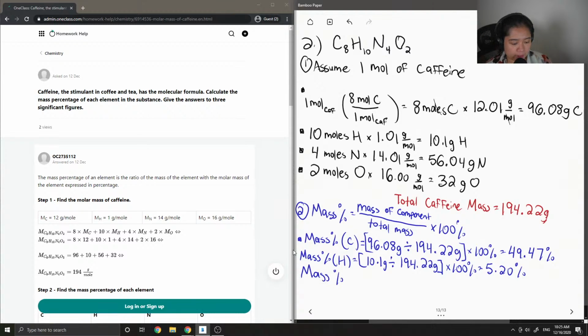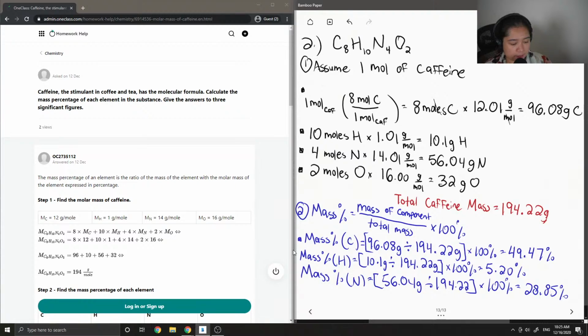For nitrogen, we have 56.04 grams divided by the total mass times 100, which gives us 28.85%.